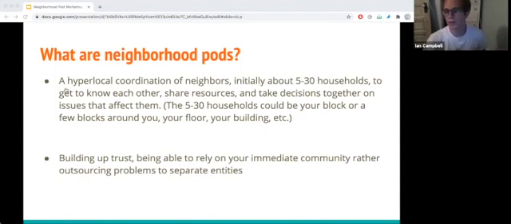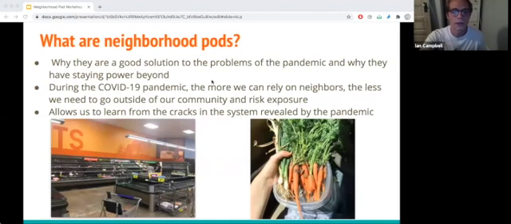That's why trust is so important, because we're relying on each other, and we're getting to know each other really on a first name basis. So here are a couple pictures contrasting two different worlds.